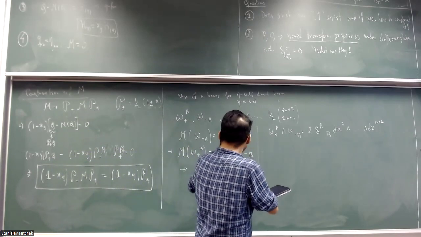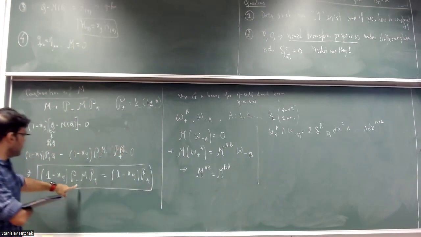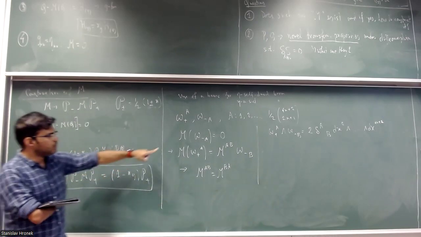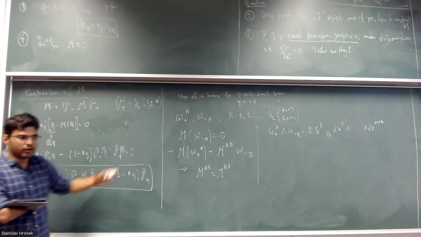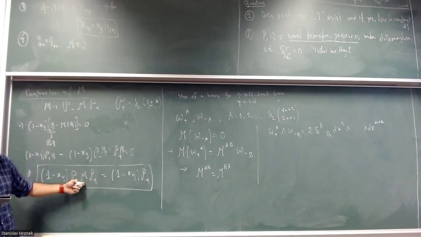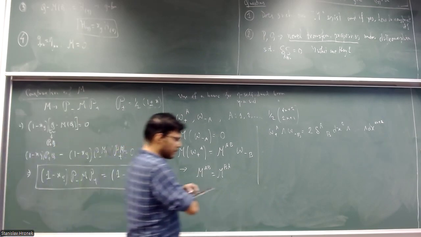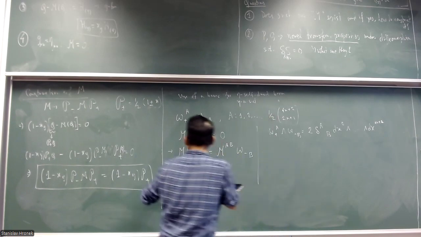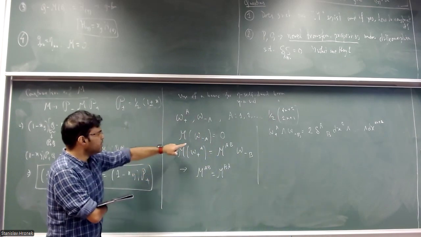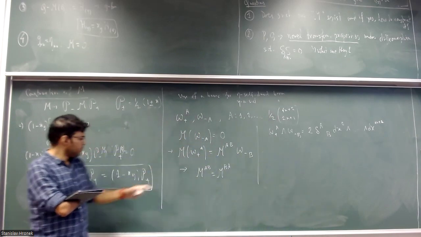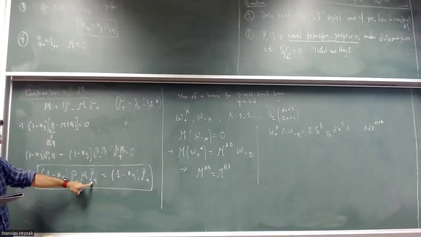Okay, so now what we want to do is recast this operator equation in terms of this basis and think about what the consequence is for M_AB. What does the property mean for this M_AB? Now, this one is trivially true when it is acting on anything which is omega minus A, because both of them have P plus on the rightmost sector. So it's trivially going to get killed.